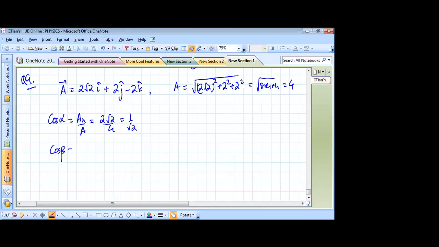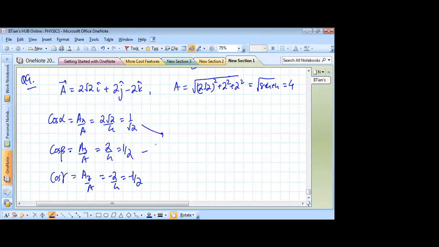Cos beta is ay upon a, that is 2 by 4 or half. And cos gamma is az by a, so that means substitute as minus 2 by 4 or minus half.